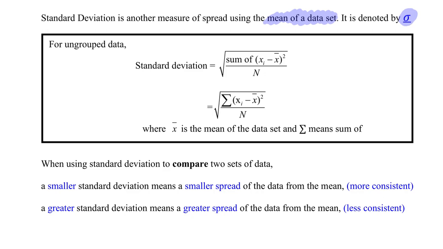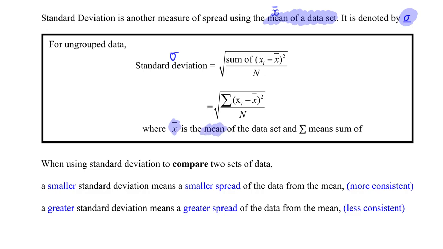From here on, I'm going to use this symbol to denote standard deviation, so instead of spelling out the words, you can use this symbol. Mean I am also going to introduce with this line on top of the x. This is the symbol for mean.